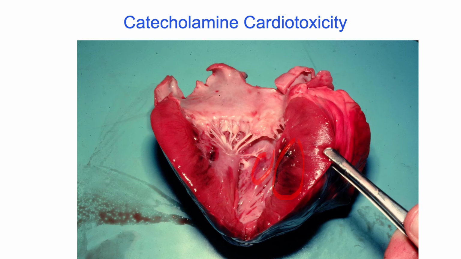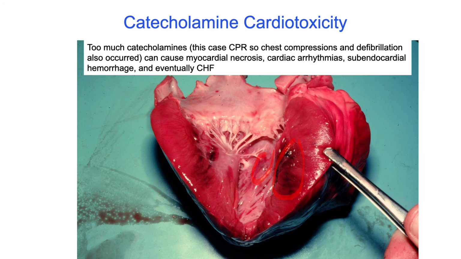It's recognized that you can create myocardial damage and a cardiomyopathy-like syndrome in animals if you infuse high doses of certain catecholamines for prolonged periods of time. These hemorrhages in this particular heart were part of a cardiopulmonary resuscitation case where multiple doses of epinephrine were given in addition to chest compressions and defibrillation, which also could cause problems with the heart.